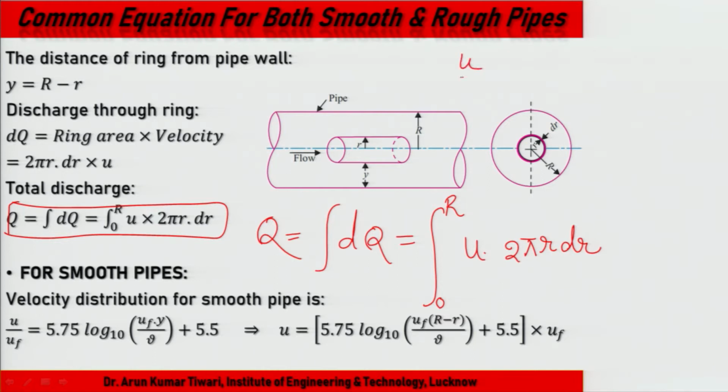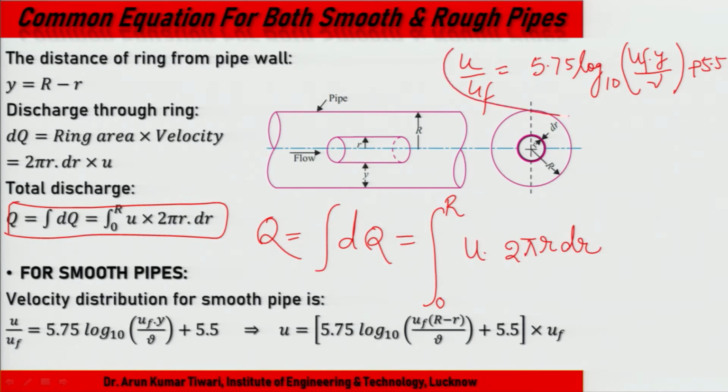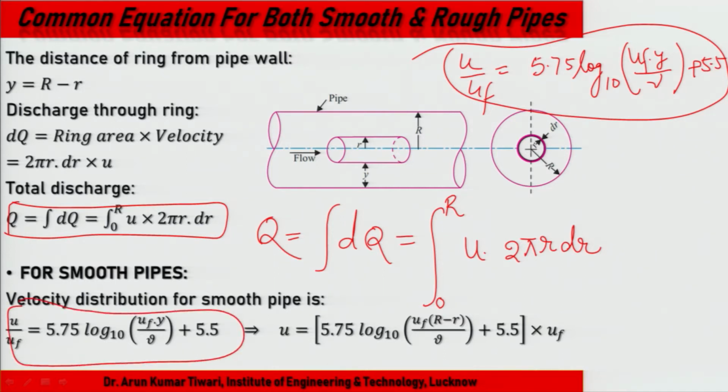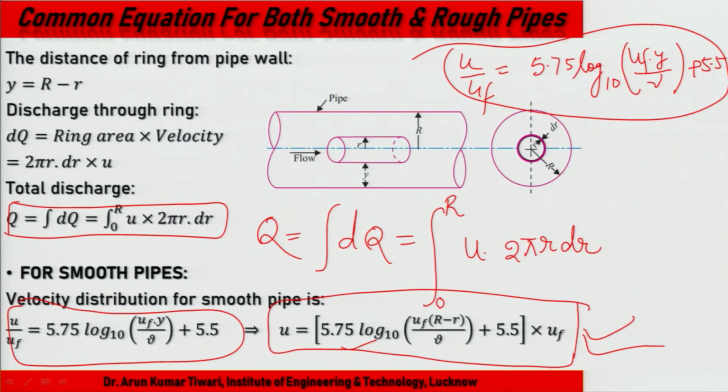In the previous lecture we calculated u upon u f, the shear velocity, equal to 5.75 log base 10 of u f into y plus 5.5. This is the common equation for the velocity distribution in the smooth pipe.